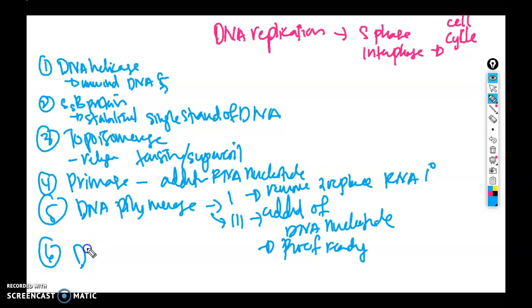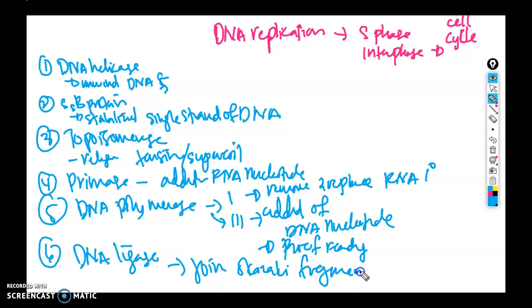And number 6 is DNA ligase to join Okazaki fragments. So remember, number 1 DNA helicase, number 2 single-stranded binding protein, number 3 topoisomerase, number 4 primase, number 5 DNA polymerase, and number 6 is DNA ligase.